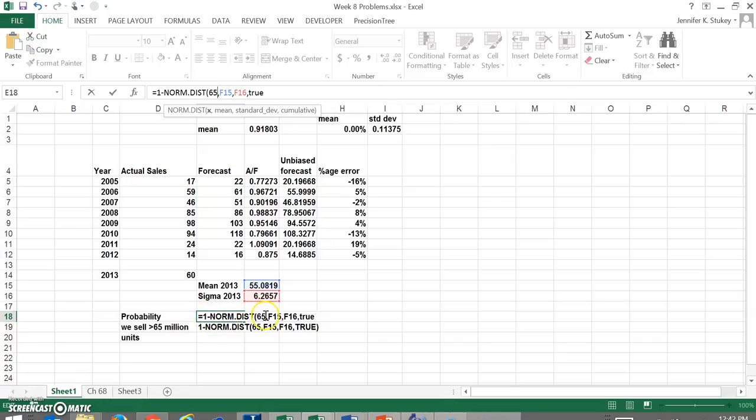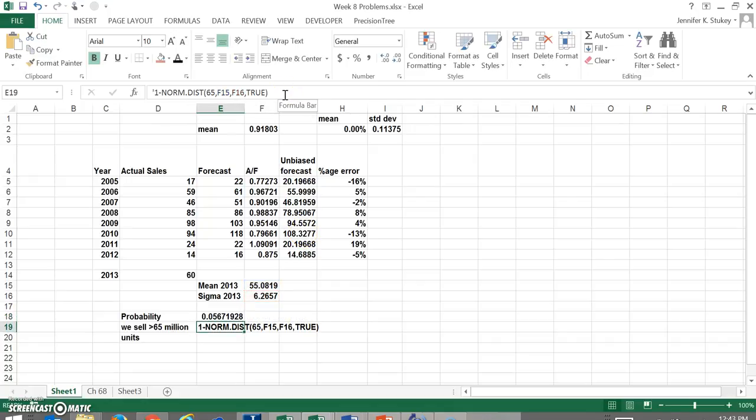Again, we're using 65 because we want above 65. If we wanted to include 65, we would have to do 64, or depending on how specific we wanted to be, 64.9, etc. This leaves us with a 5.6% chance that we will sell 65 million units or above for this problem.